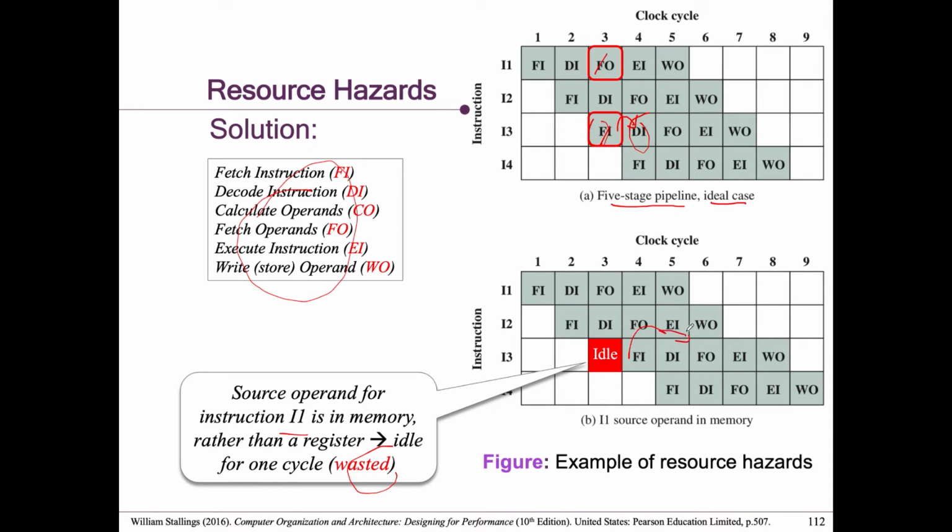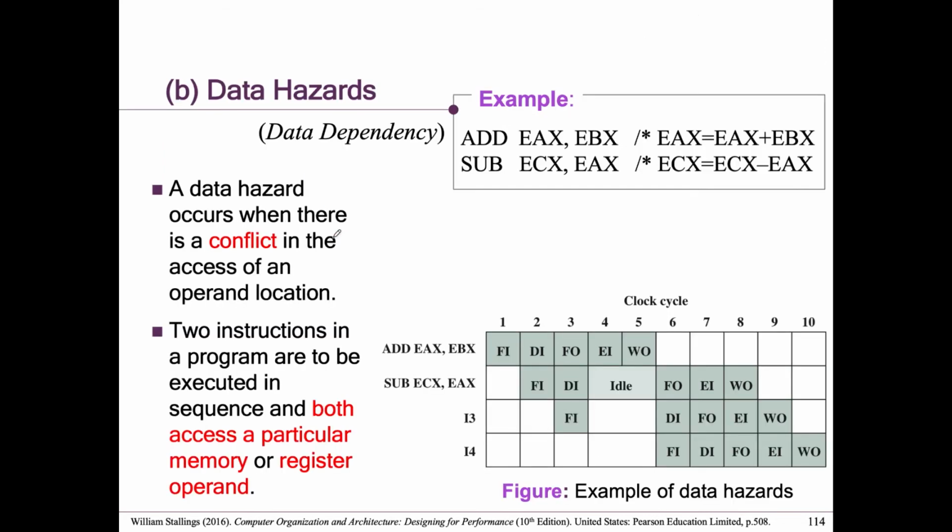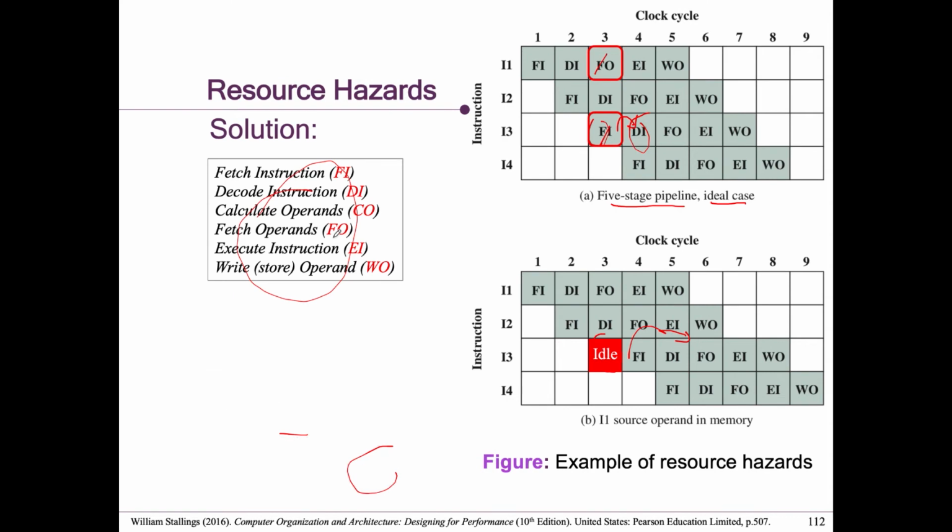It's shifted to the next time, and this existing one will be idle. So conflict of resources introduces pipeline delay. A delay in any stage can cause a pipeline stall. That is all under resource hazard.